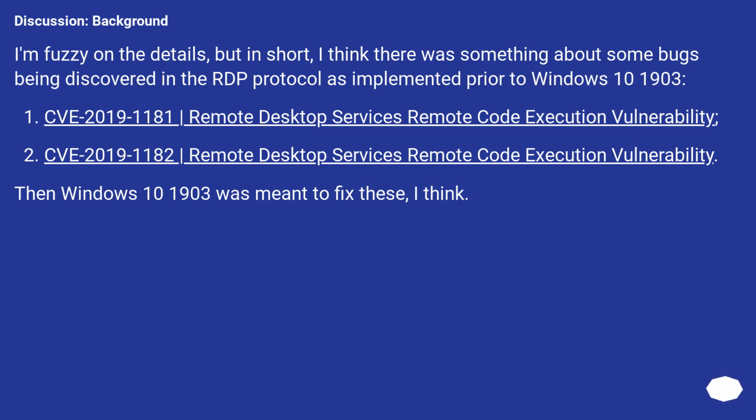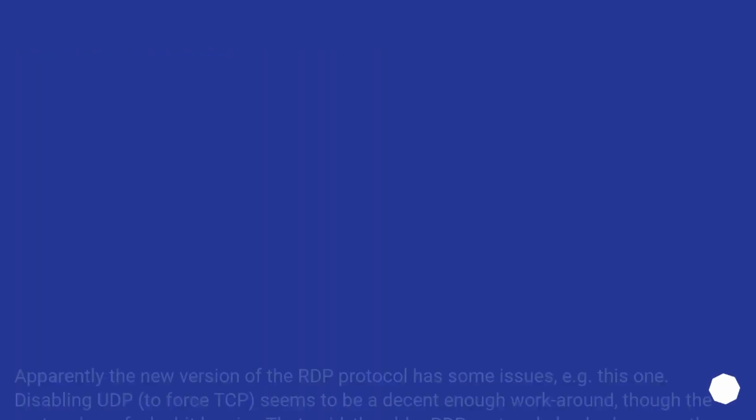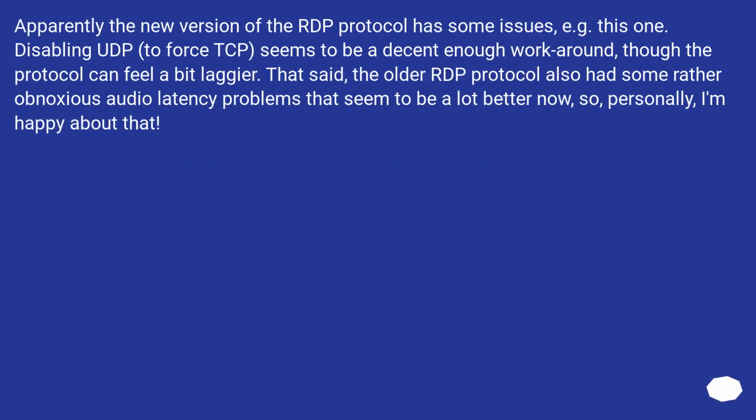Then Windows 10 1903 was meant to fix these, I think. Apparently the new version of the RDP protocol has some issues, for example this one. Disabling UDP, to force TCP, seems to be a decent enough workaround, though the protocol can feel a bit laggier. That said, the older RDP protocol also had some rather obnoxious audio latency problems that seem to be a lot better now, so personally, I'm happy about that.